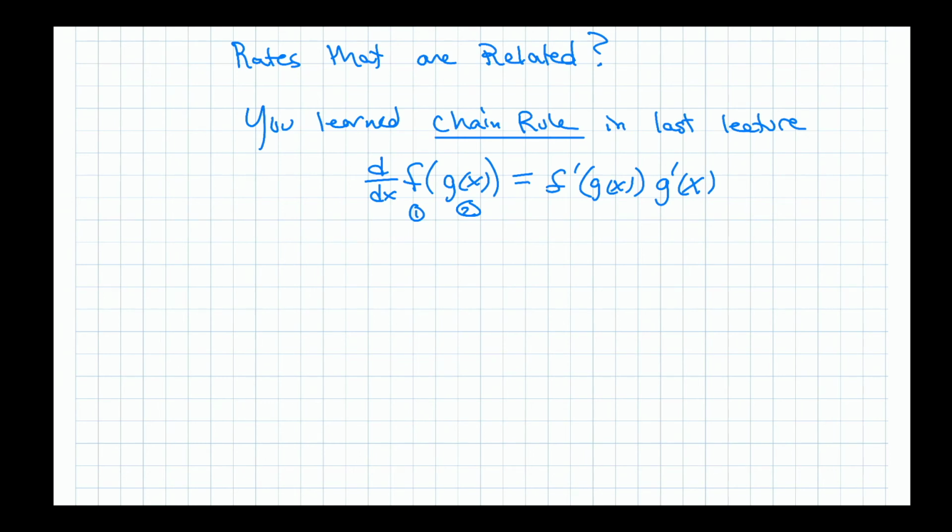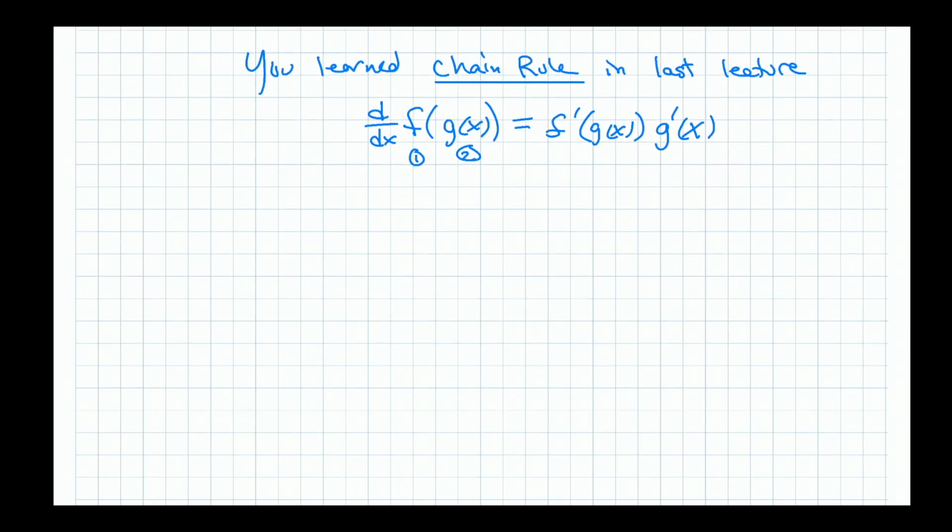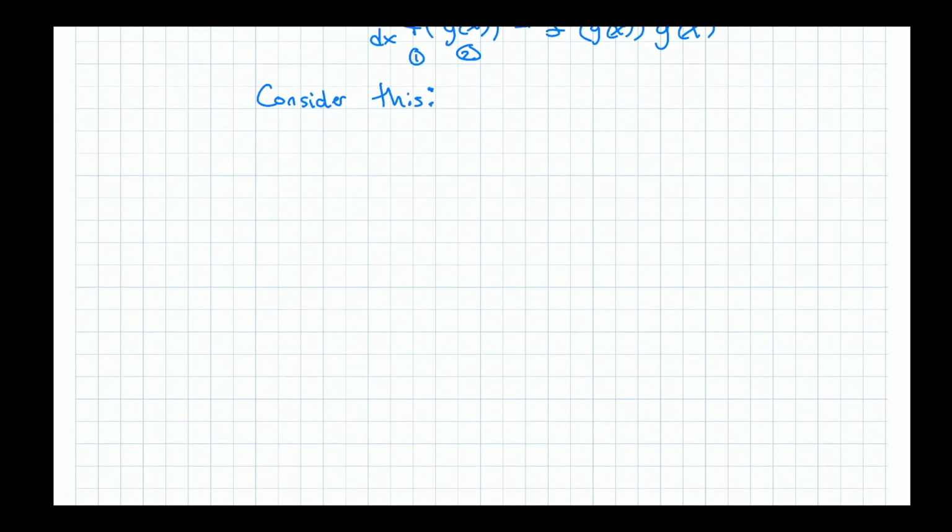Okay, but we can apply that in a slightly different way. So let's say we have this. Consider this. So mostly I'm just changing the letters here, but that's not all I'm doing. So I'm going to take the derivative with respect to t of a function of, it could be any variable, I'm just going to go with x, f of x.